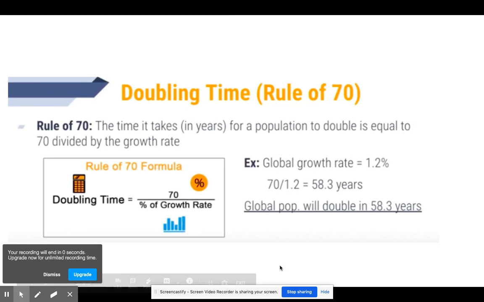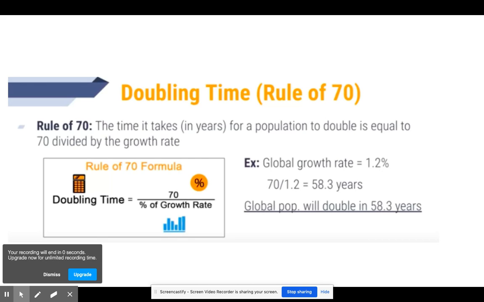The next thing we're going to look at is doubling time, and there's a rule of 70, okay? In order to calculate the doubling time for a given population, you just take the number 70, which is rounded, it really should be 69.3, and you divide that by the growth rate, and that'll tell you the amount of time it takes for a given population to double.